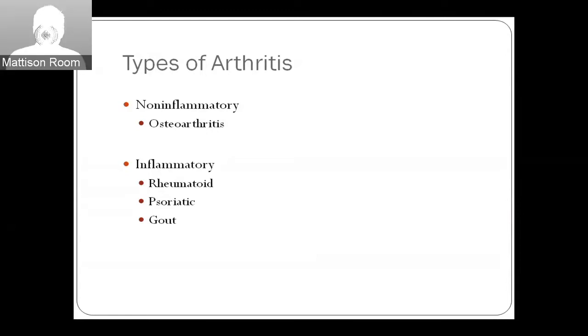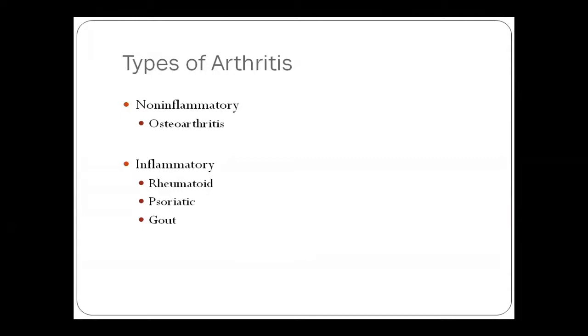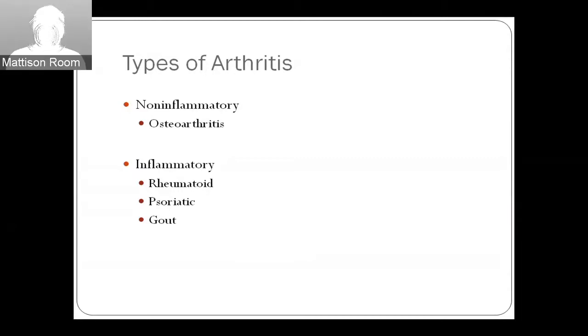So if our joints aren't nice and perfect, that'll wear down and cause arthritis, or the destruction of the cartilage on the end of the bone, and we'll get to that in a second. So the big category of non-inflammatory is mainly osteoarthritis, trauma-related wear and tear.